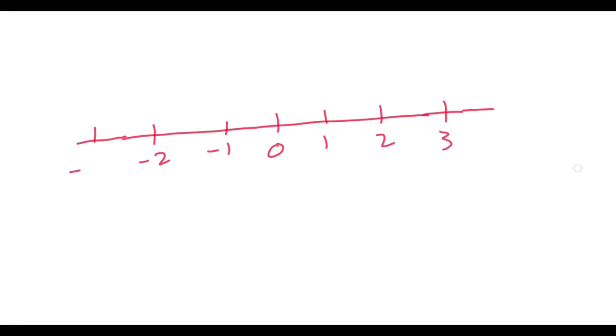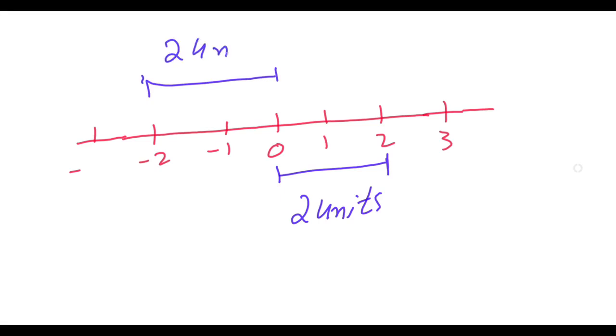So if I move from 0 2 units to the right, which means from here I move till here, so 2 units you move to the right, and also from 0 I can move 2 units to the left.